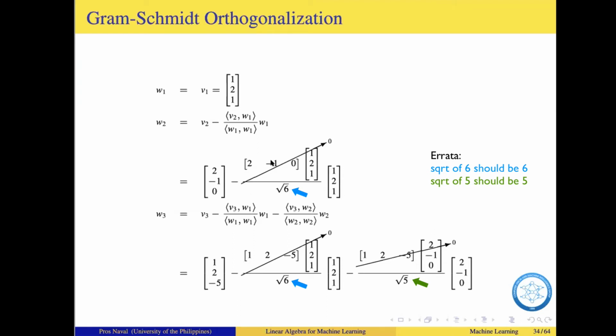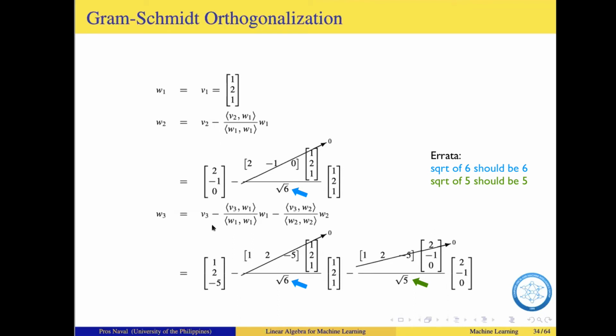And if you do the multiplication, this cancels out. This becomes 0. Similarly for W3. The reason why this is 0 is because this vector is actually already orthogonal to the first one. So this is already orthogonal, but of course not normalized, no?